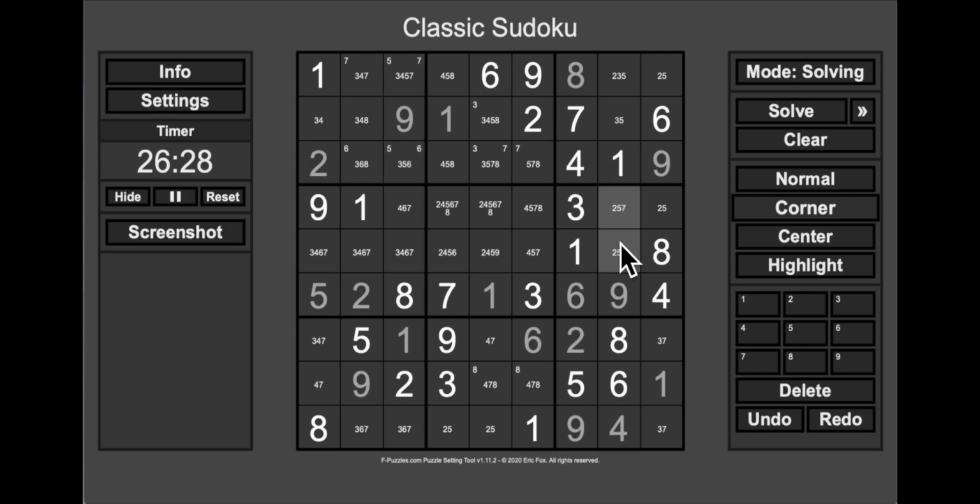What can I do there? Let's see, 7 must be one of these two. 3 must be in one of these two. 2 and 5 can still be in any option.